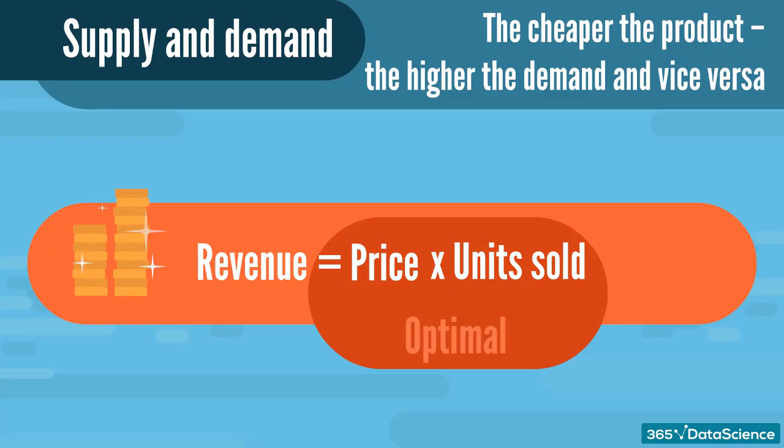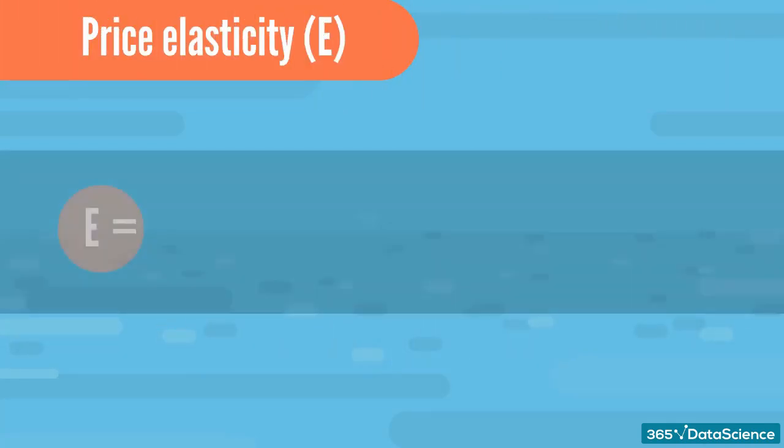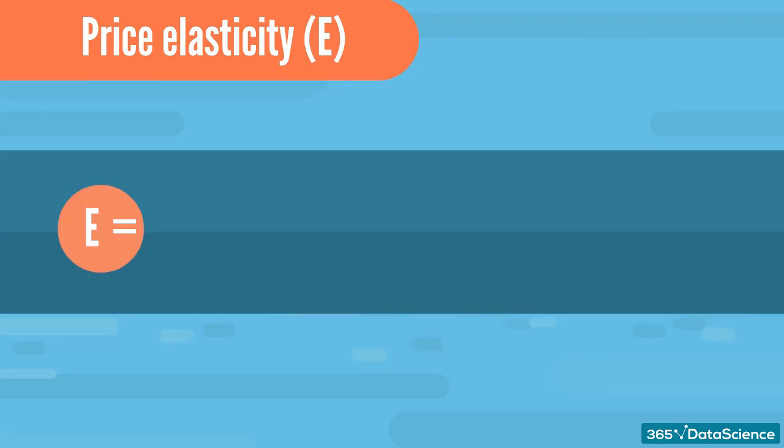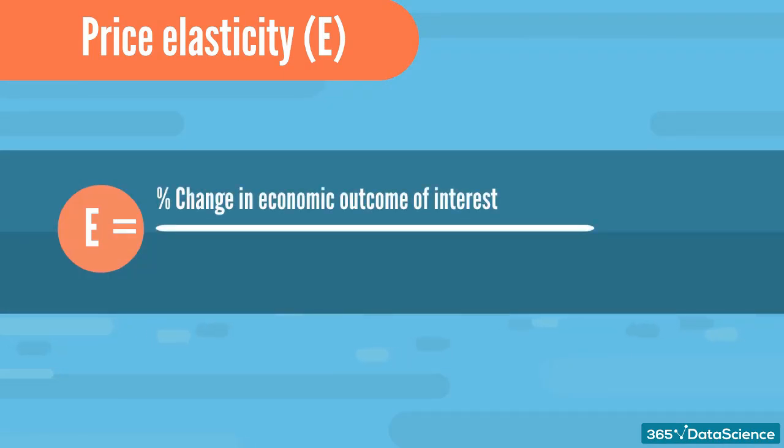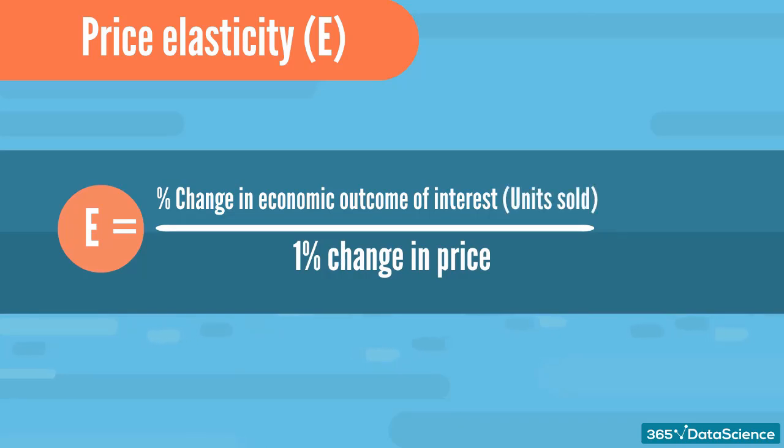Okay, but how does this look in mathematical terms? Well, price elasticity is the percentage change of an economic outcome of interest in response to a 1% change in the respective price. Usually, that economic outcome of interest is the number of units sold.